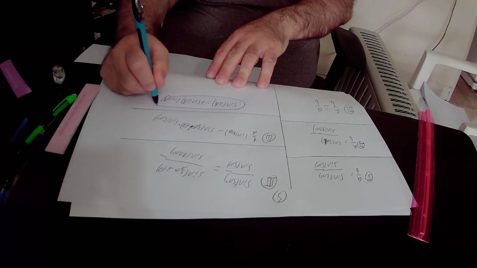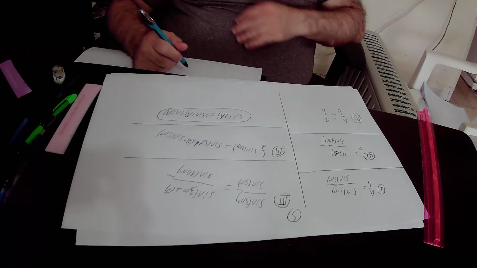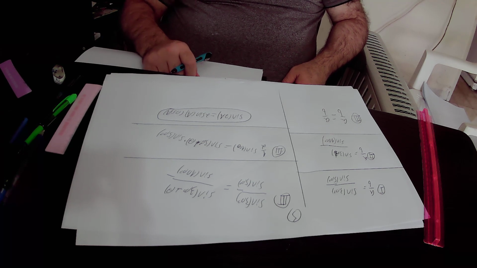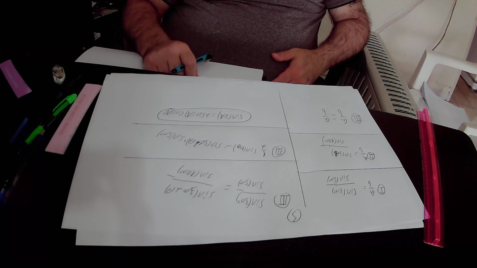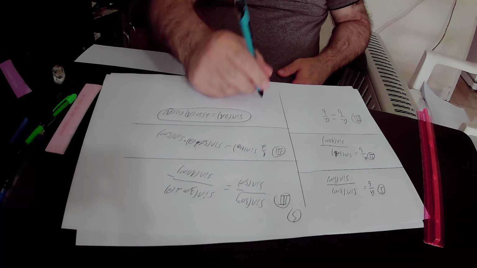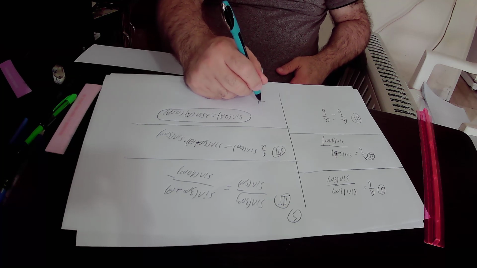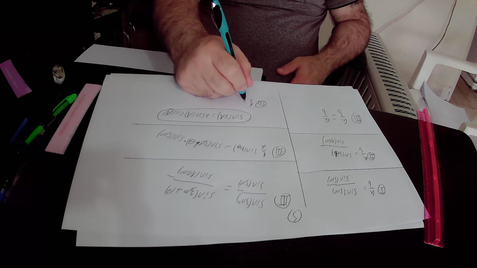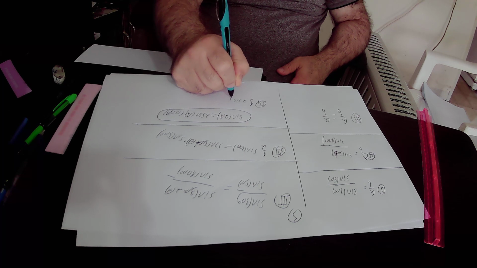According to this identity, we will get that sine 100 degrees equals 2 sine 50 degrees cosine 50 degrees.